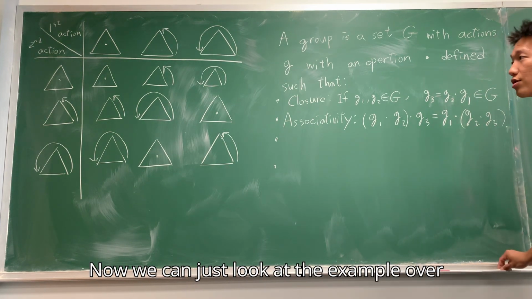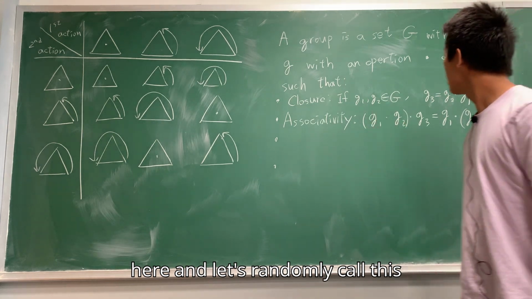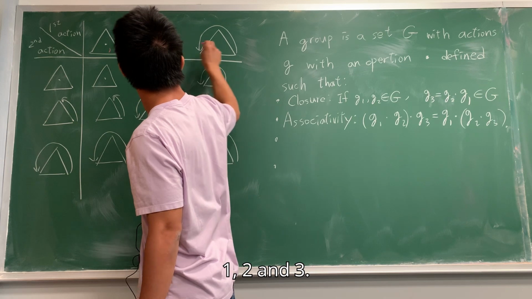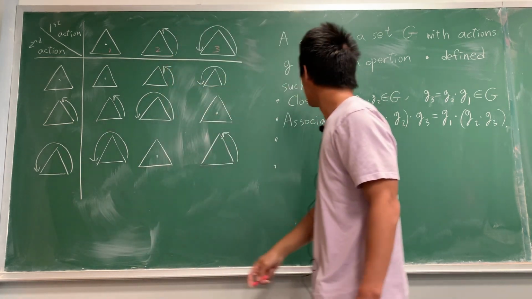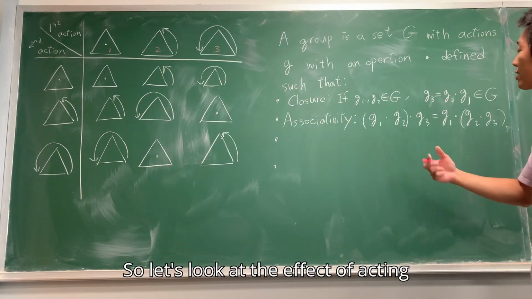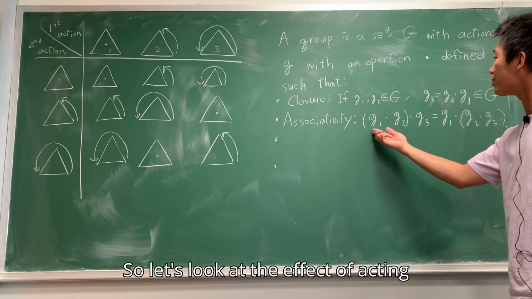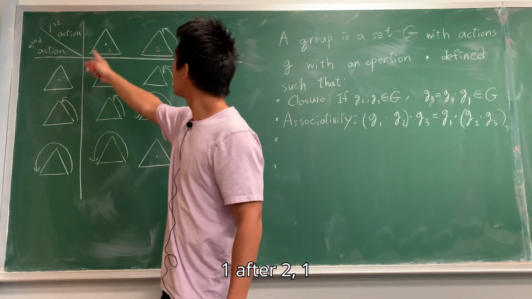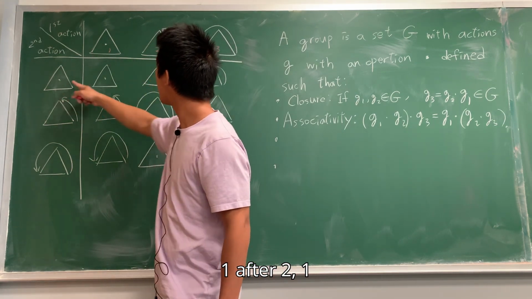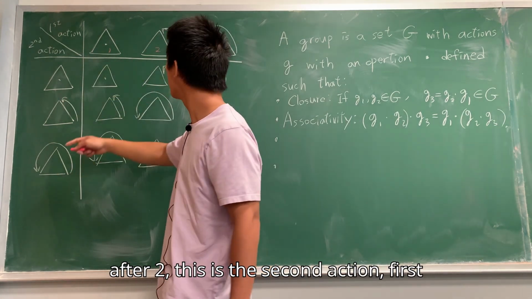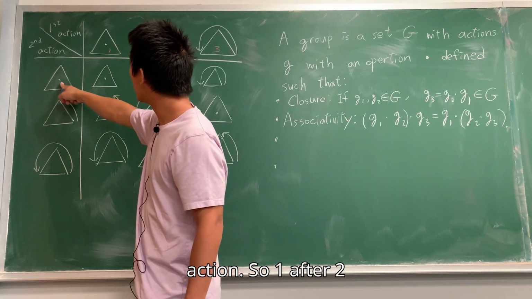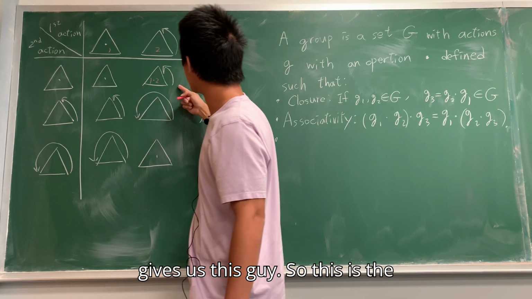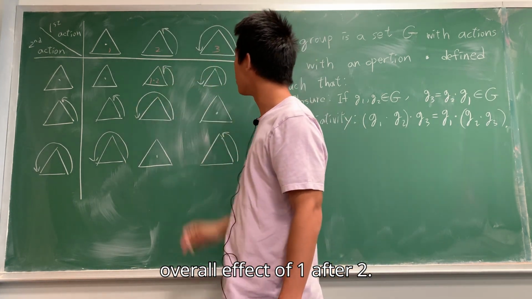Now we can just look at the example over here, and let's randomly call these 1, 2, and 3. Then let's look at the effect of acting 1 after 2. This is the second action, first action. So 1 after 2 gives us this guy. So this is the overall effect of 1 after 2.